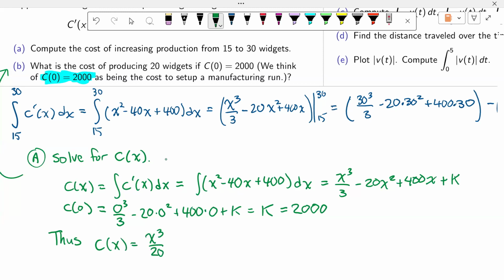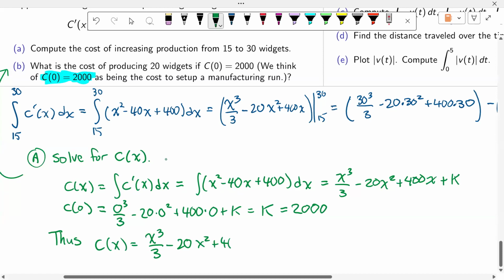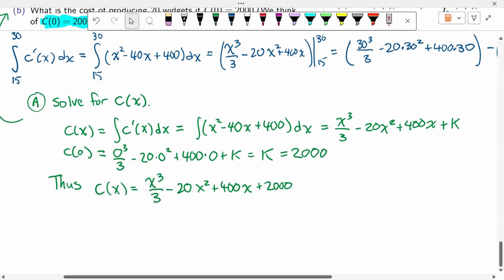If I wanted to figure out, oops, I started looking at the wrong thing. If I wanted to figure out what the production cost is for 20 widgets, I could just plug in 20 and that'll give me my answer.